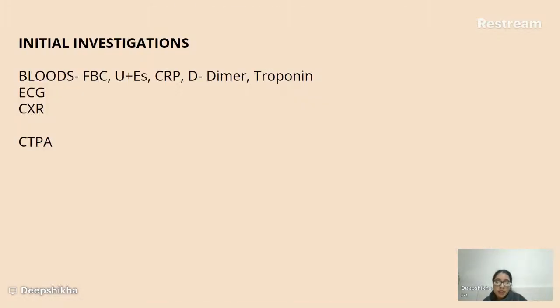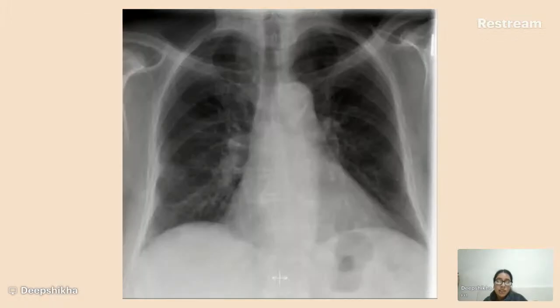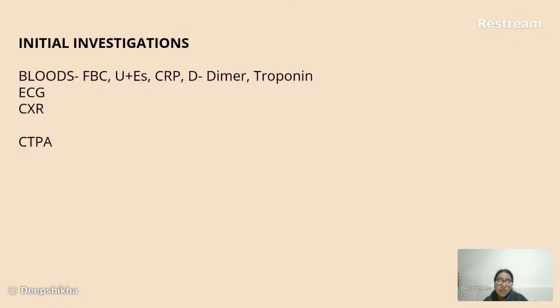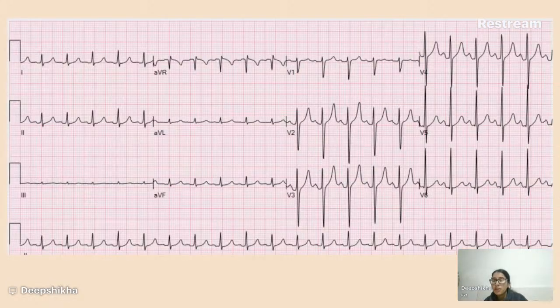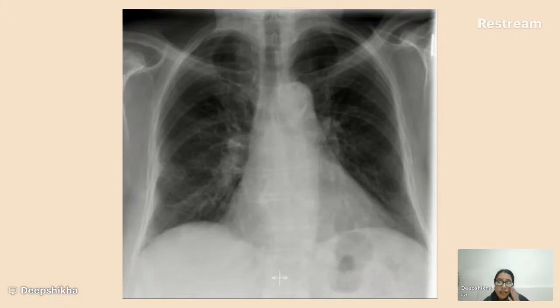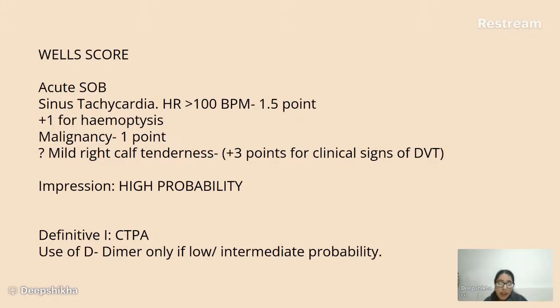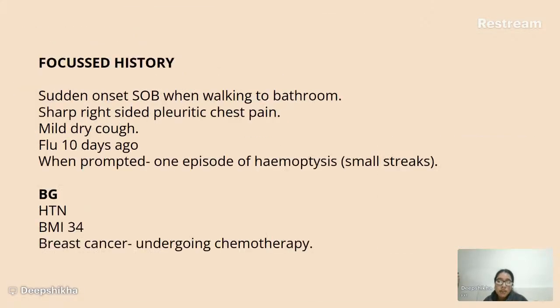So essentially, you've sent off the bloods, and now your ECG and your chest X-ray are just telling you she's just sinus tachy and very short of breath. And she had this one episode of coughing up some blood. At this point, we're thinking PE, especially because she's got a history of breast cancer, her BMI is 34, and she's got hypertension.